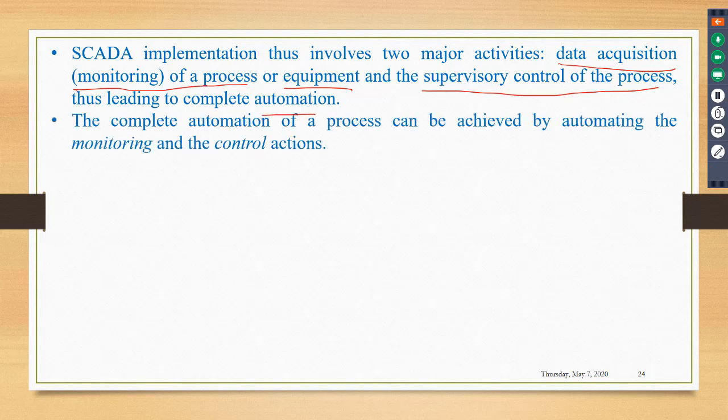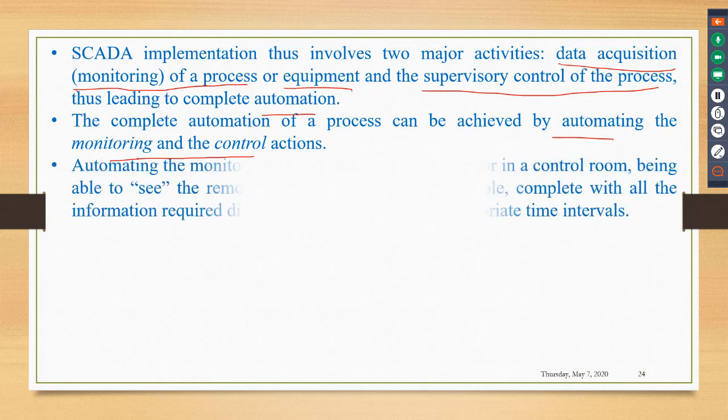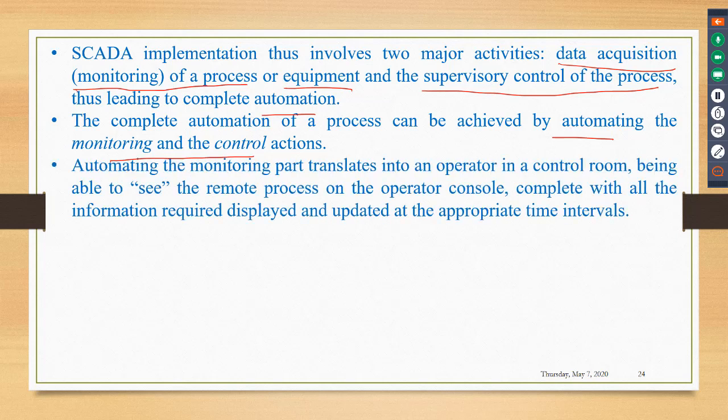The complete automation of a process can be achieved by automating the monitoring and control actions. Automating the monitoring part translates into an operator in a control room being able to see the remote process on the operator console, complete with all information required, displayed and updated at the appropriate time interval.